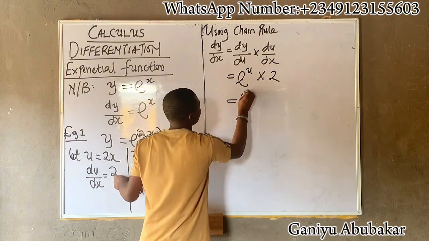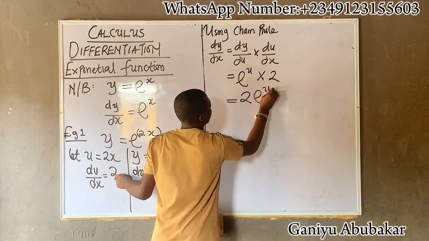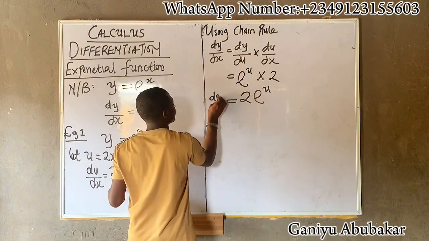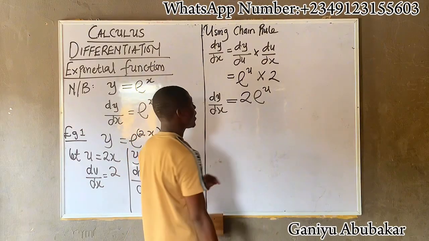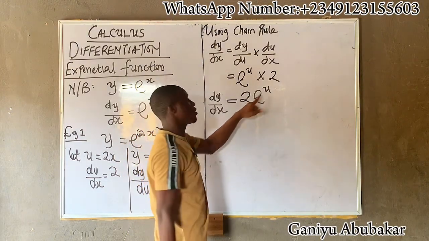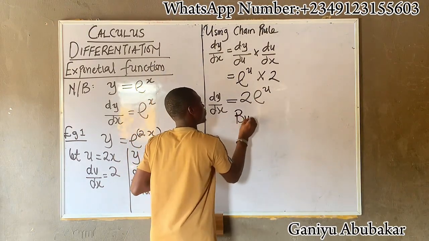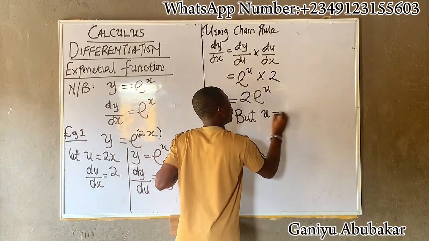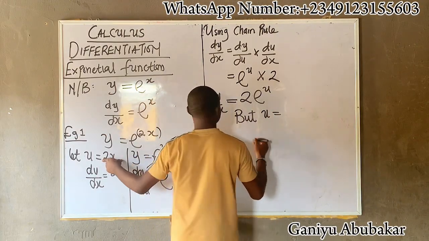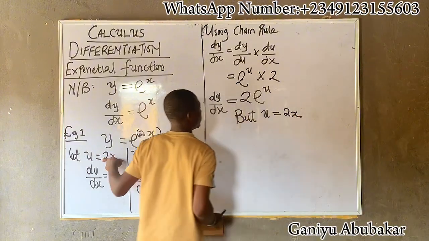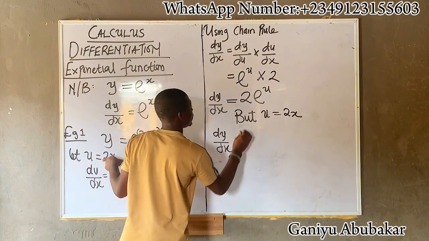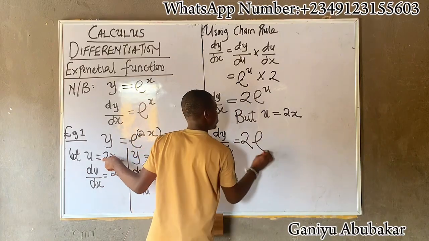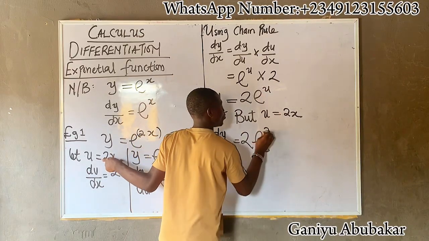Combine the 2, I'll have 2 exponential u. So dy over dx is equal to 2 exponential u. Now I'll take this u back to x. This u was equal to 2x. From here, dy over dx is equal to 2 exponential 2x.